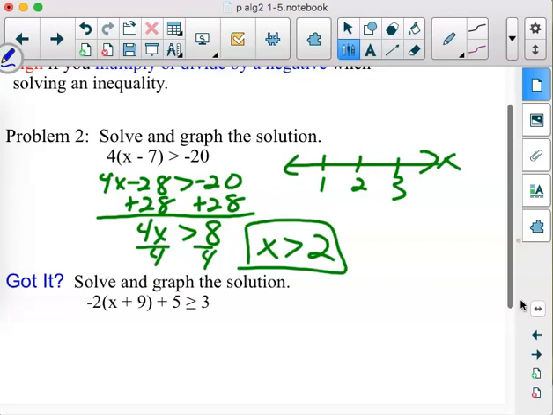Open or close dot at 2? Uh-oh, heard both. Open, no equals bar. Which way should we shade? That way, to the right. See people pointing. And there it is.